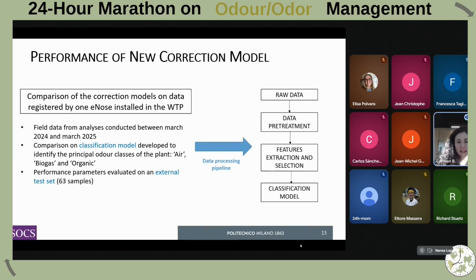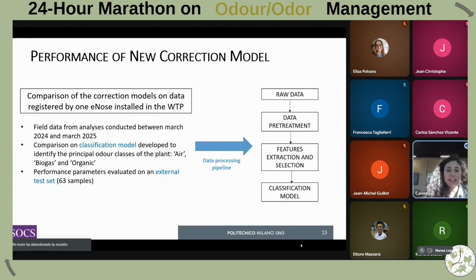That is a waste treatment plant, and so we implemented a classification model to distinguish the odor class air, which is representative of the neutral condition of the monitoring, so no odor presence at the fence line, and to recognize, in the case of odor presence, the provenance of the odor belonging to the biogas odor sources and the organic treatment.